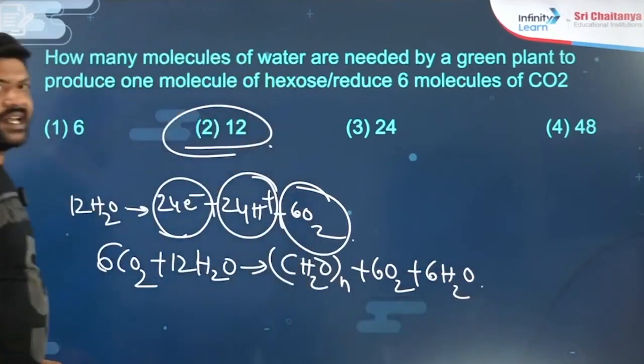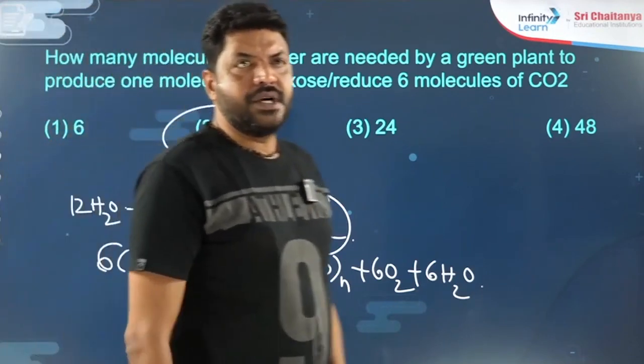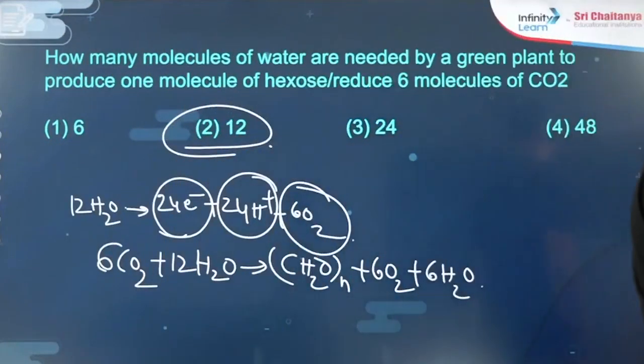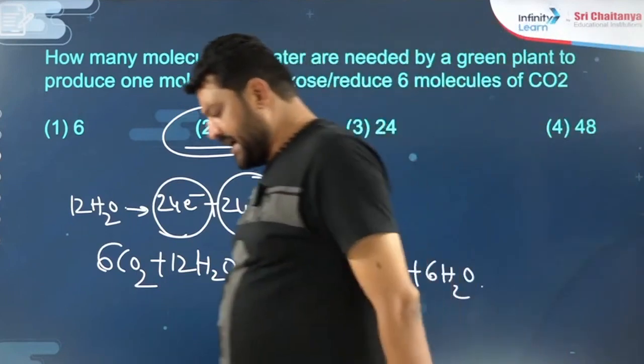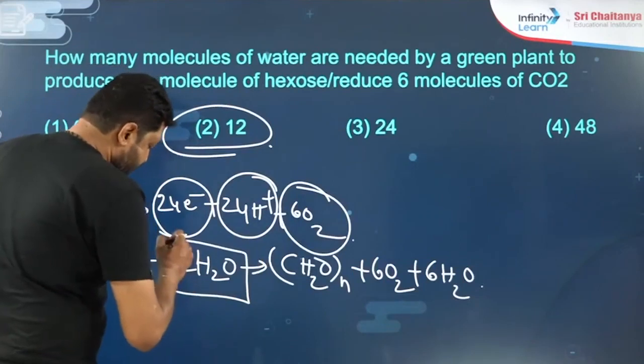This is the basic reaction we write in photosynthesis. So for reduction of 6 CO2, how many molecules of water are to be oxidized? 12 molecules of water have to be oxidized.